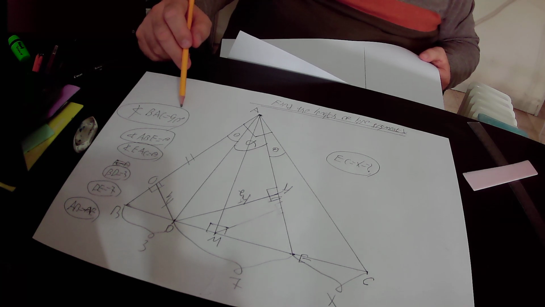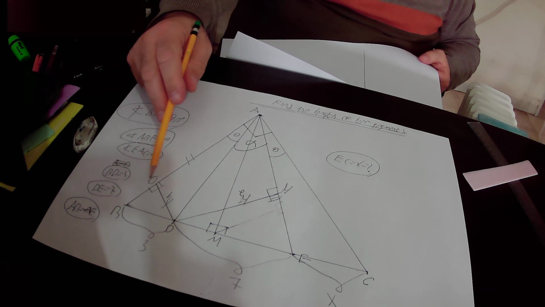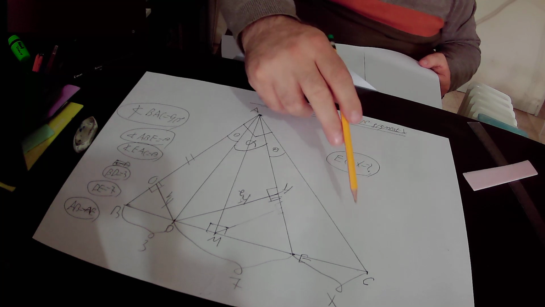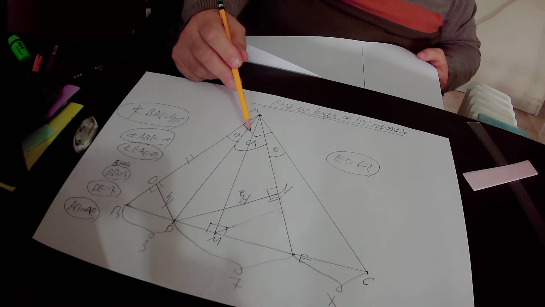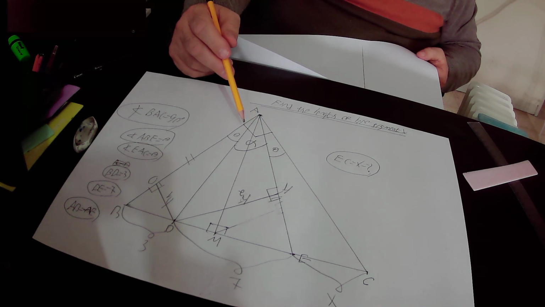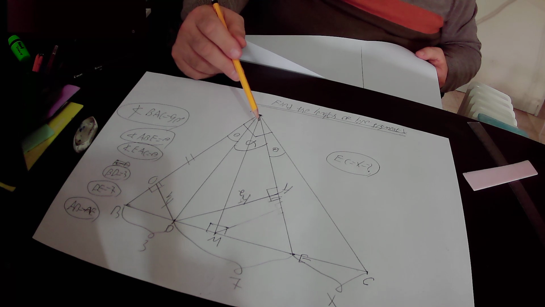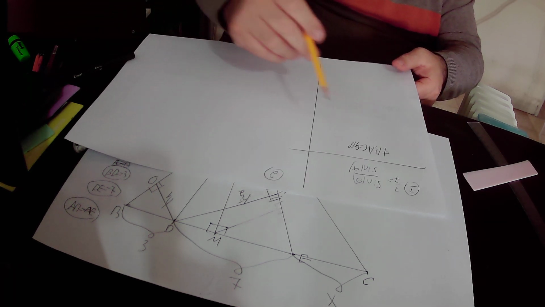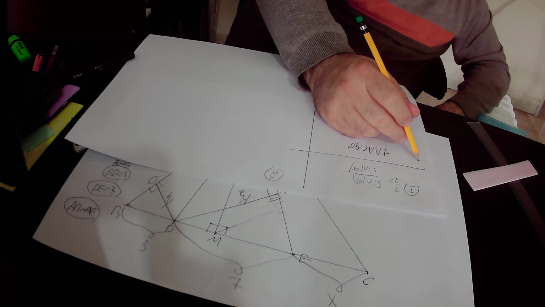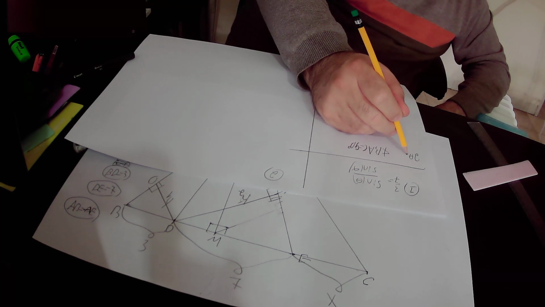From the other side, angle BAC consists of three angles, theta, alpha, and theta. So angle BAC equals 2 theta plus alpha.